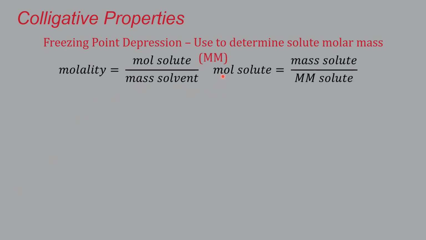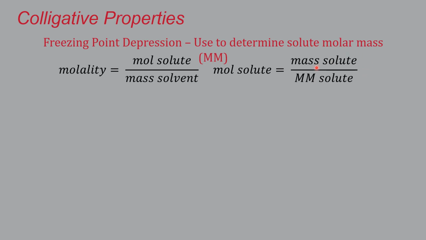Now the moles of solute is equal to the mass of the solute, which is what you actually weigh out, divided by its molar mass. And here, double capital M I'm using as an abbreviation for molar mass.